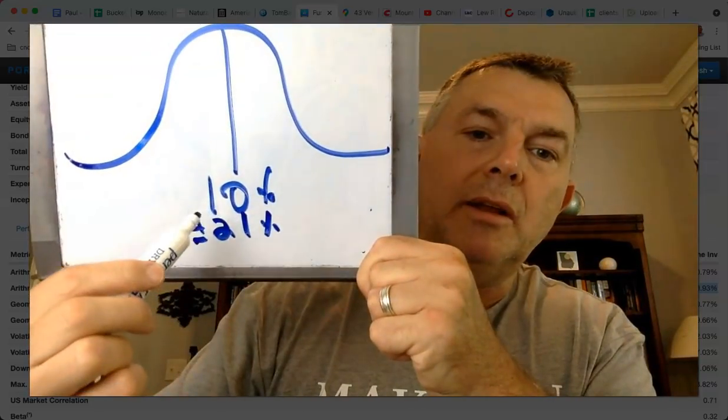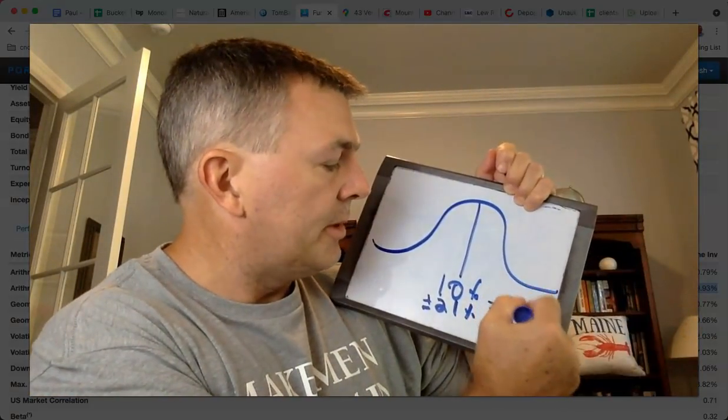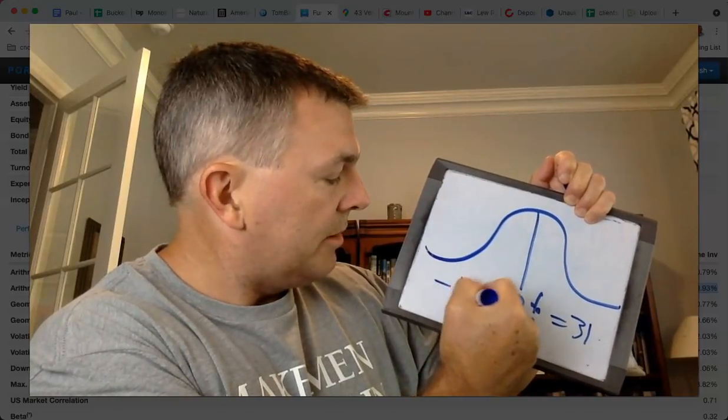You times 7 by 3, and you get plus or minus 21% off the average, which simply means we take 10 plus 21, no bargain, equals it could be up 31. 10 minus 21 means it could be down 11.